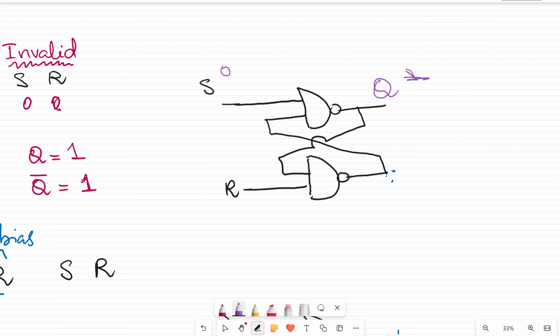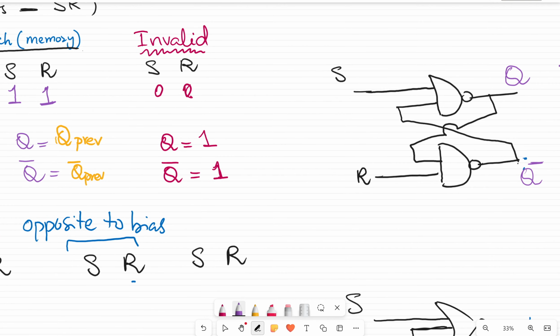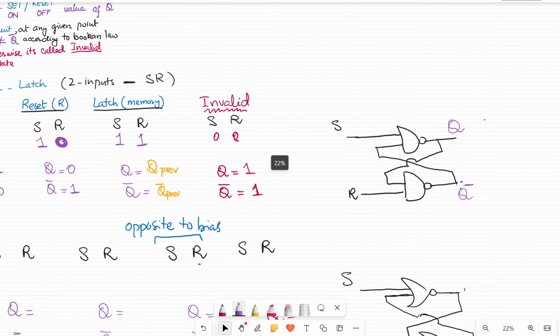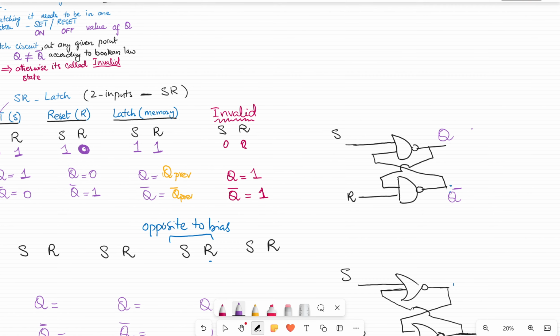Immediately this will become 1. ठीक है? And right in front of R will be your Q bar. My whiteboard is responding slow now.